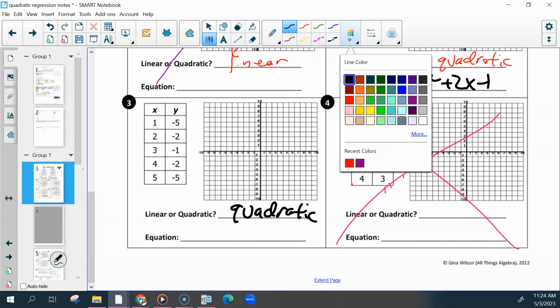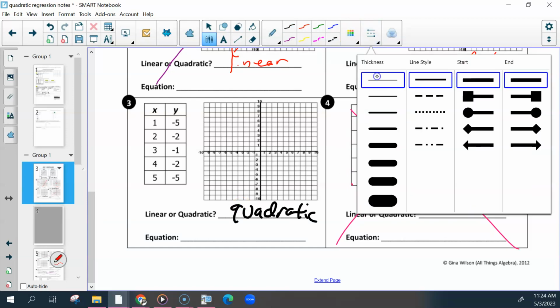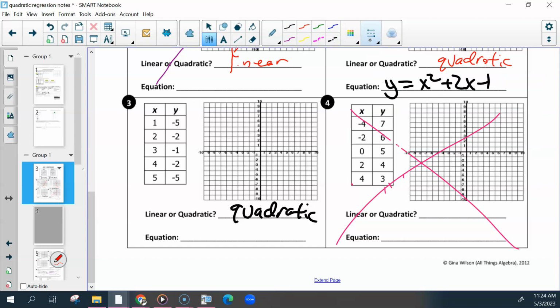So we can go ahead and plot those points. Should look something like that. That would also tell you it's quadratic.